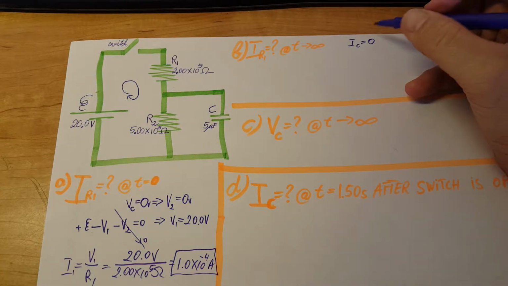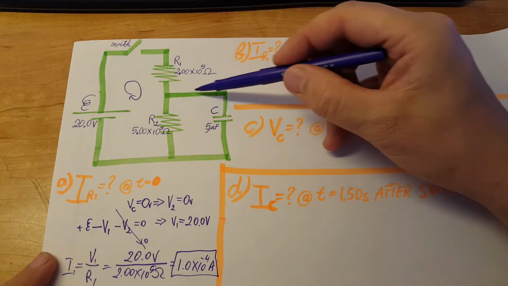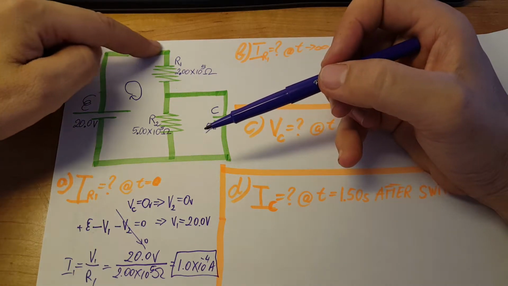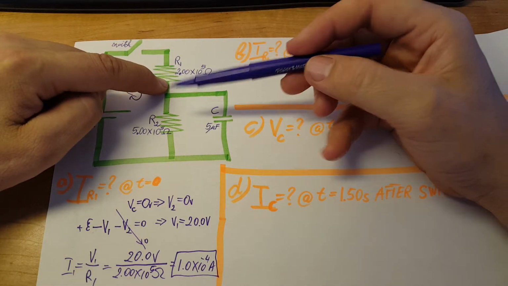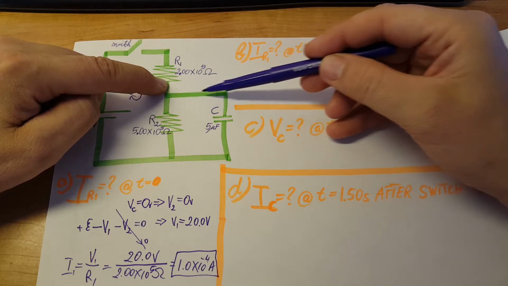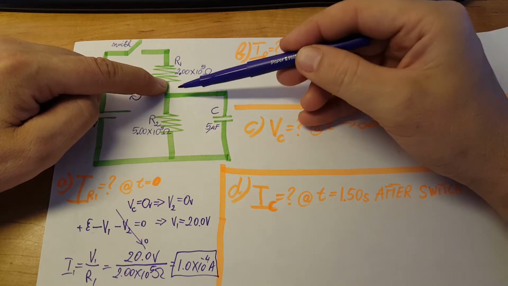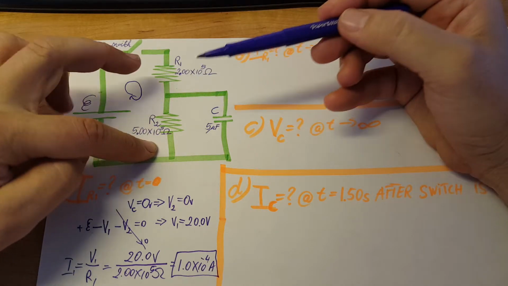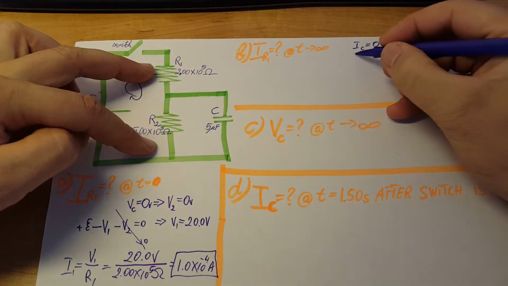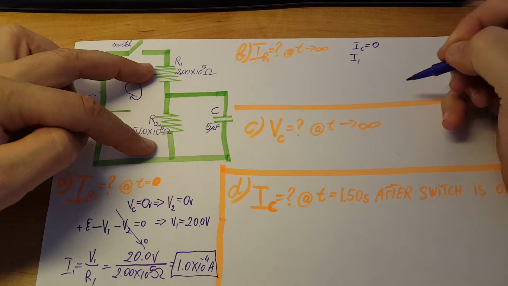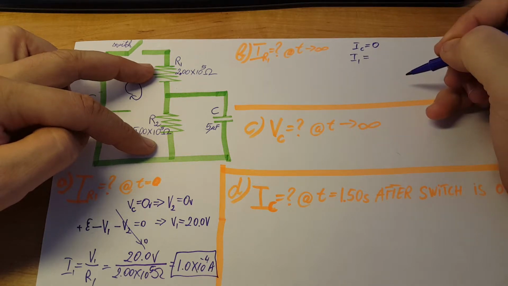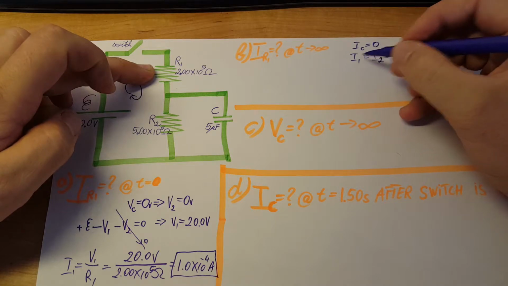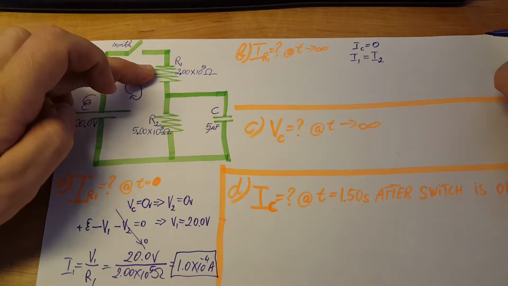Now, since there's no current flowing this way, the current is coming from the EMF this way, and over here there's no more current coming this way, so that means everything that's coming here needs to go this way. Therefore the current on resistor 1 will equal the current on resistor 2. So current 1 equals current 2.